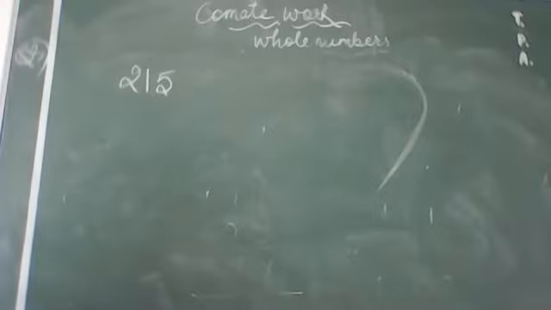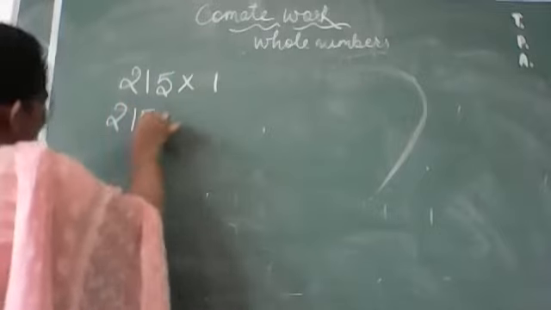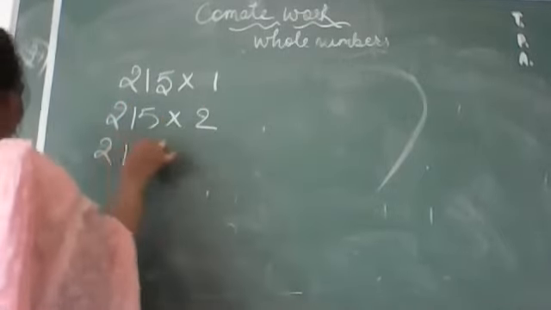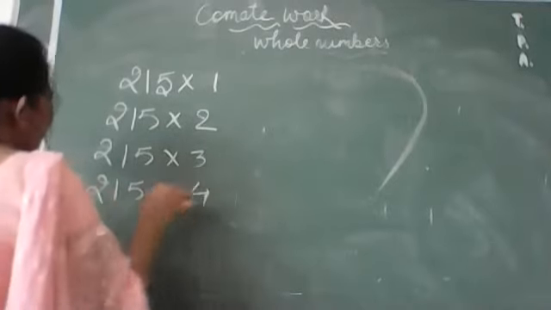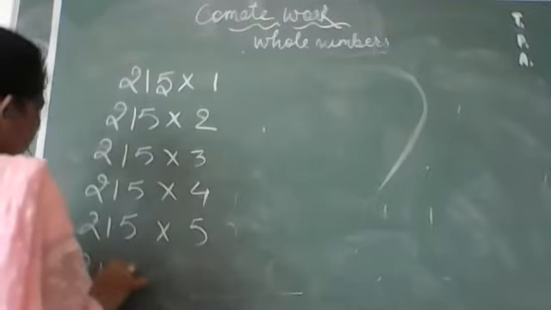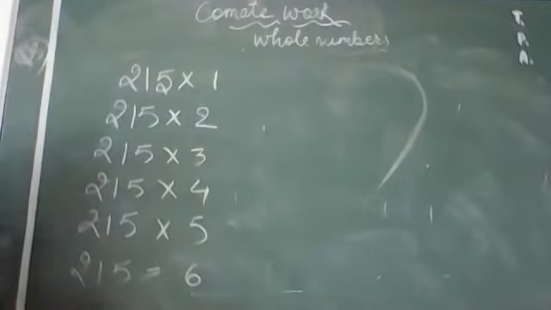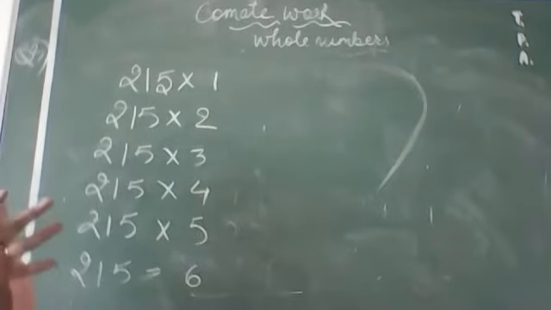We will just simply write down the table of 215. 1 time, then 2 time, then 3 time, then 4 time, then 5 time, then 6 time, and we will see that whenever we get a 4-digit number, we will leave the process.